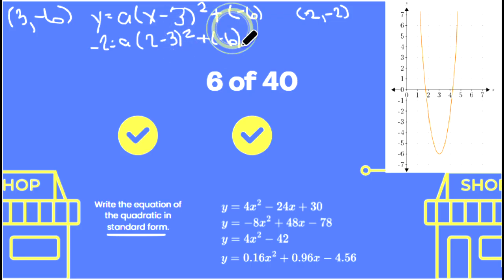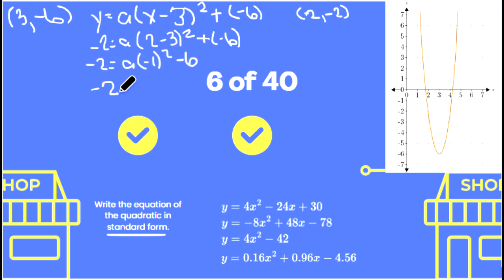Now we're just going to go through PEMDAS and use our order of operations to solve this for a. So -2 is going to stay over here. Parentheses is first in PEMDAS, so 2 minus 3 is -1, squared, and plus -6 becomes just subtract 6. -1 times -1 becomes +1, so this is just going to be 1a.